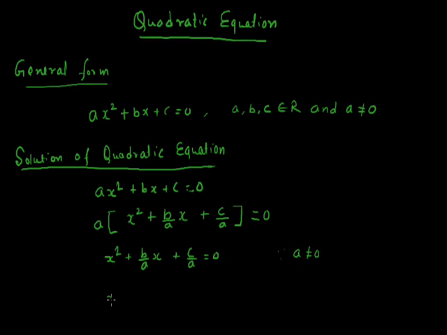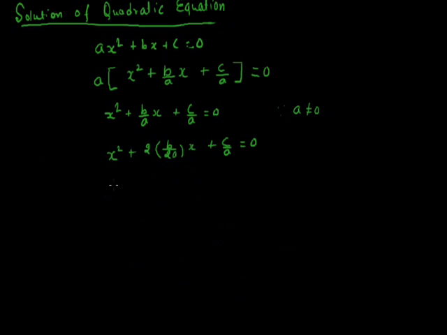Now we can write x square plus, twice multiplied by b upon 2a multiplied by x, plus c by a equal to 0. Again it will make x square plus b by a into x plus c by a equal to 0.